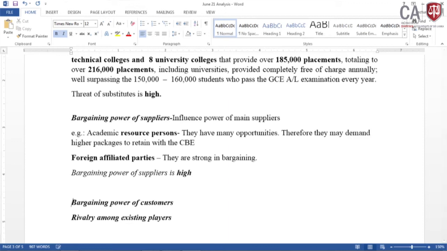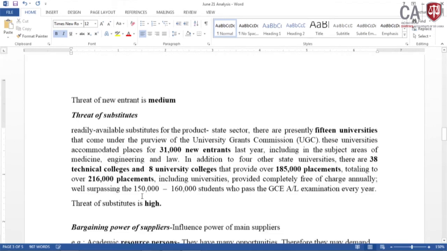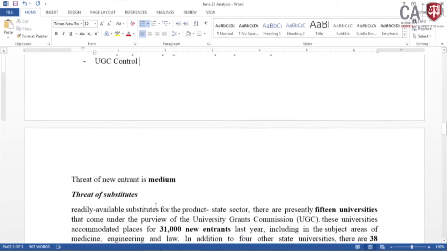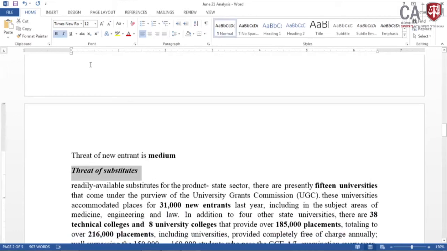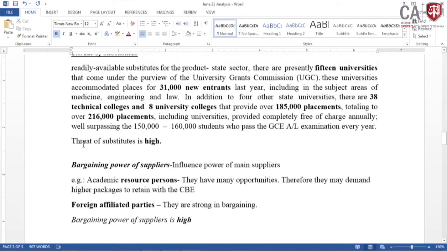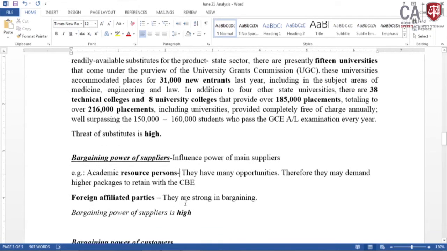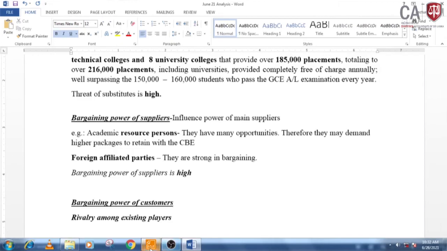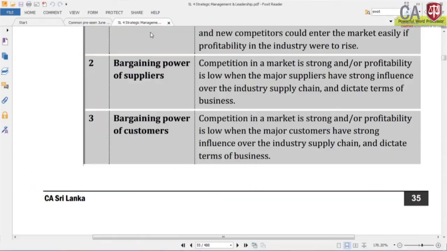Now bargaining power of customers, look at that also. What do you think about customers? We will look at the theory part a little bit.